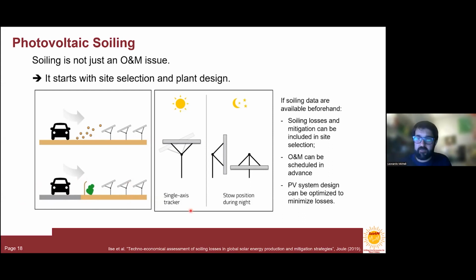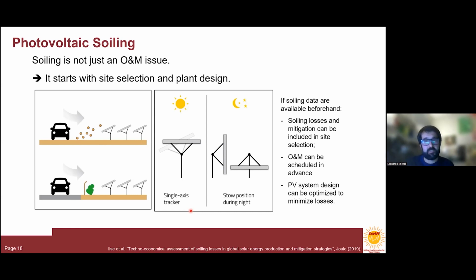On the other side, some researchers have suggested that, for example, we can change the way the tracker works to try to place the PV modules at night in a position in which the soiling deposition is limited. You see, these are all activities that are not related to operation and maintenance, they are related to the way the PV plant and the site are designed.